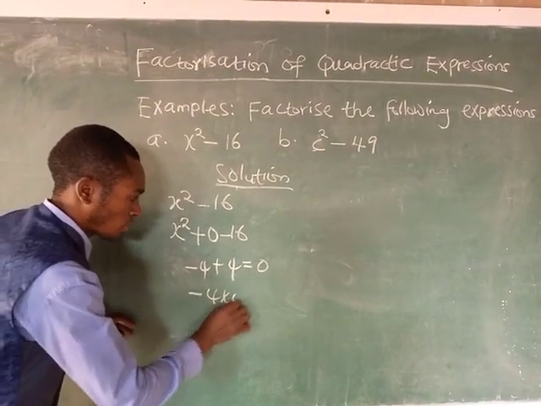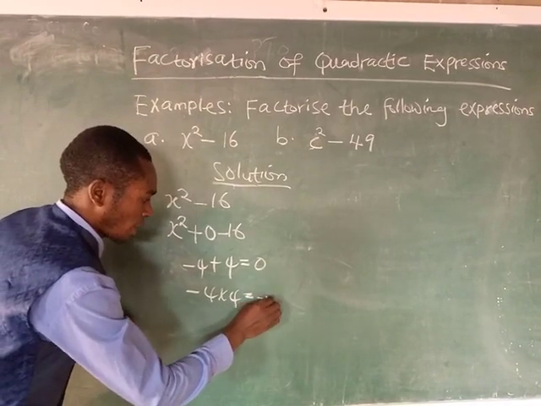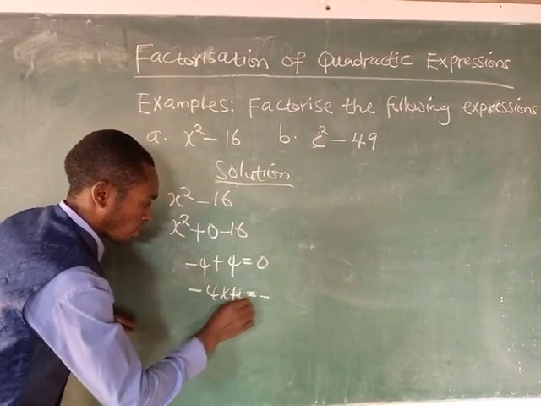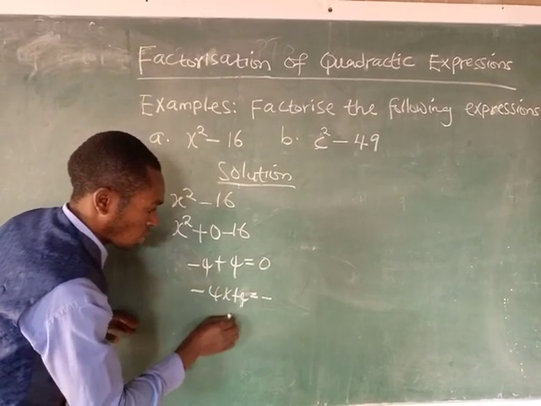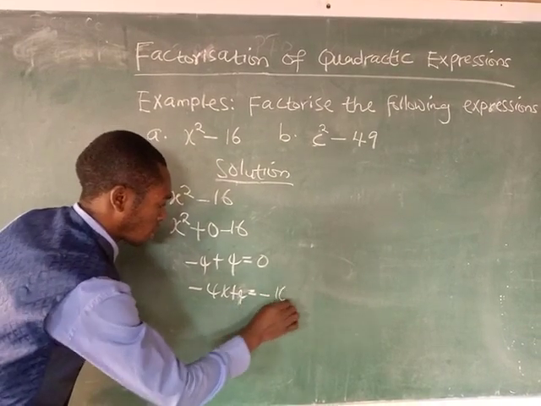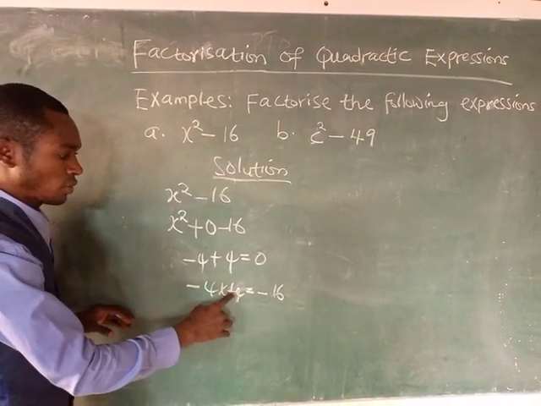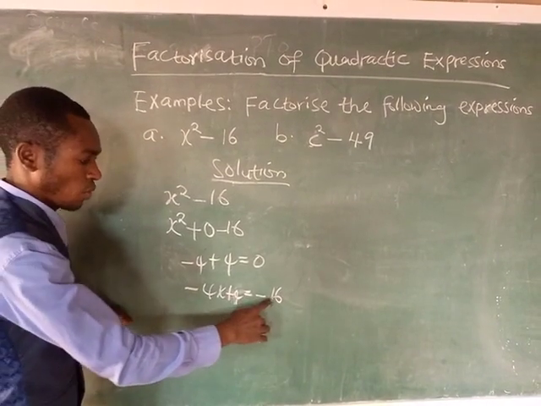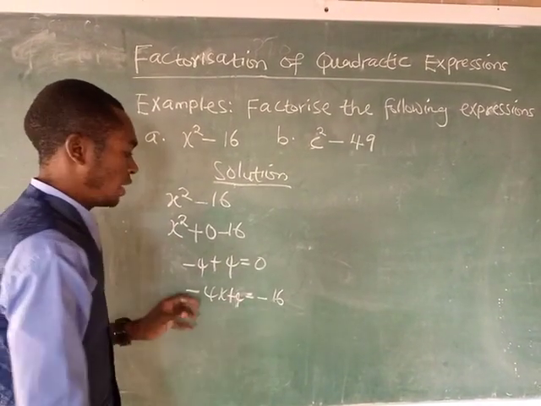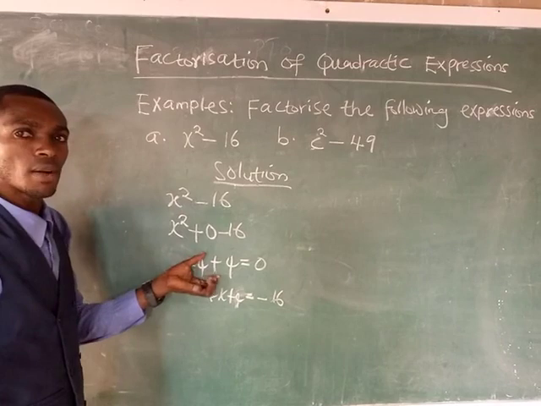Minus 4 times plus 4 is equal to minus 16, meaning the two numbers are minus 4 and plus 4.